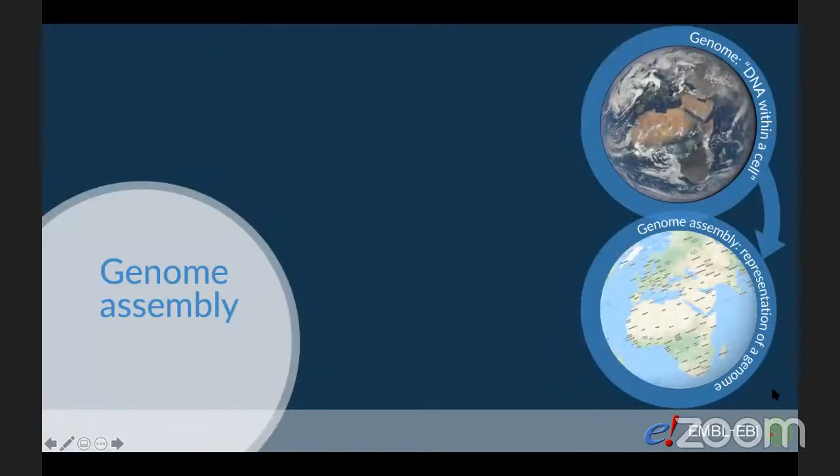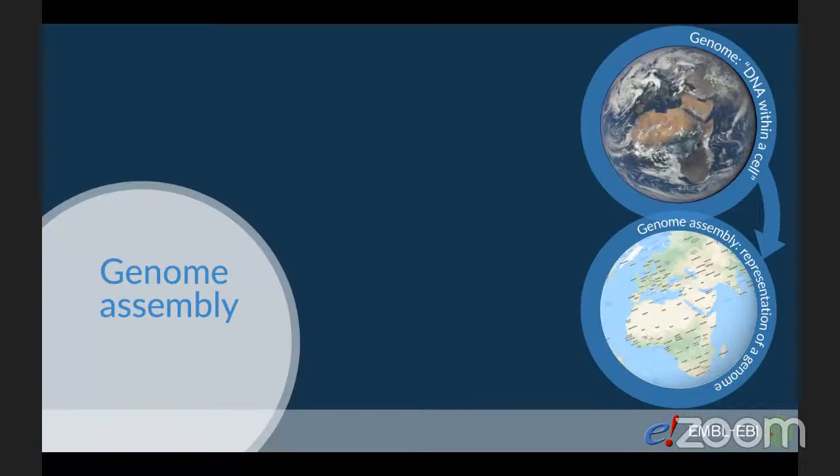And people often assume that the genome assembly is a perfect representation of the genome, but I wanted to use this map analogy to show you how it really is. So imagine that the genome, or in other words, all of the DNA within a cell, is here represented as the Earth.